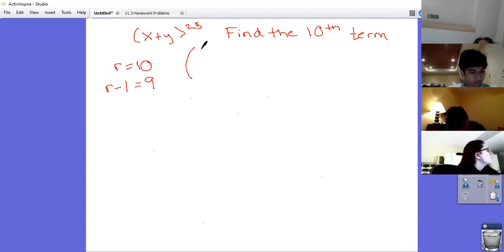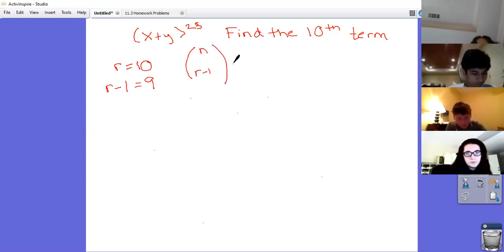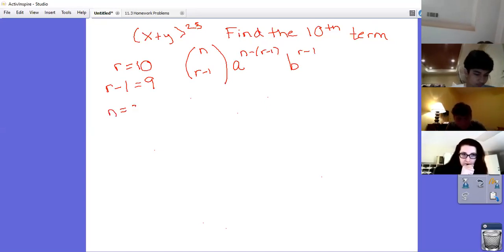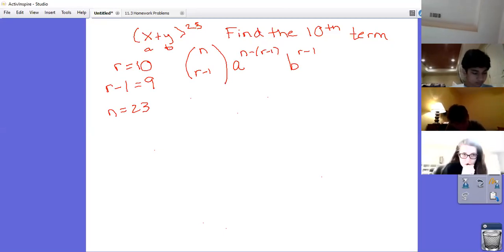So if you remember the formula, it was n choose r minus 1, a to the n minus r plus 1, and then b to the r minus 1. So n is actually going to be 23. That's our exponent. And this is actually your a term, and this is your b term. So now I'm just going to plug it in.